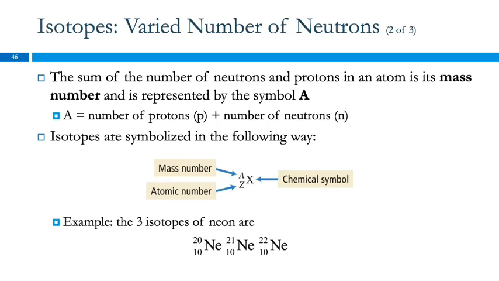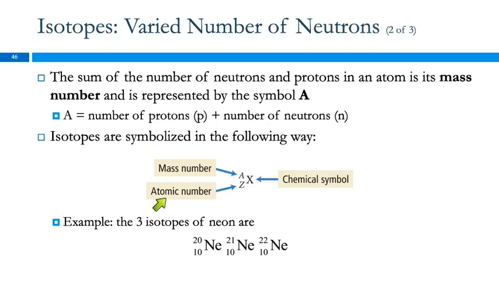So we've got the atomic number, and we also have the mass number. The mass number is the sum of neutrons and protons. Those are the massive particles. The electrons are so small that we can just ignore them most of the time. The letters for these numbers can be a little confusing, right?